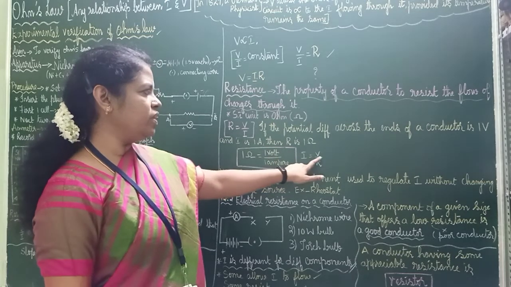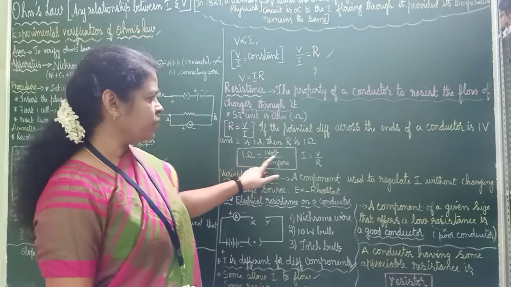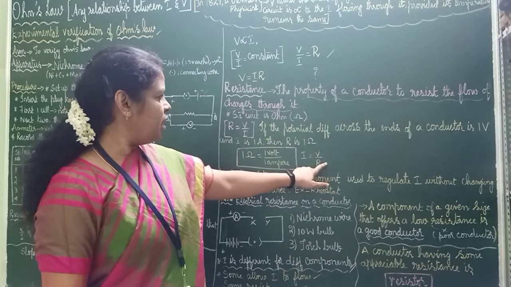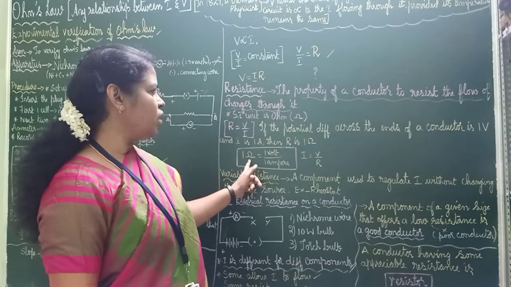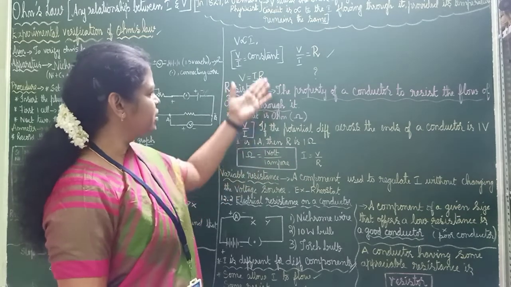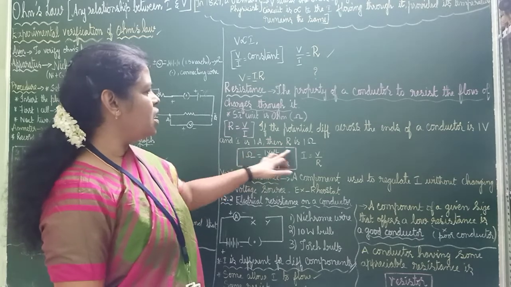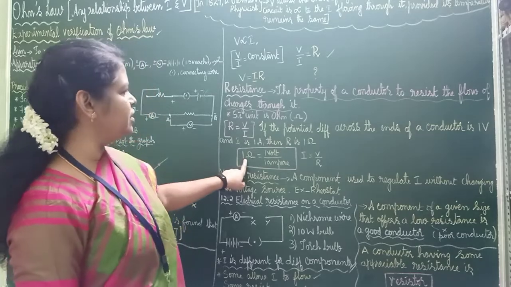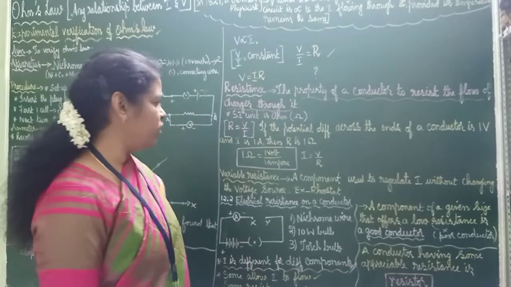I is equal to V by R. SI unit of I is ampere, SI unit of V is volt, SI unit of R is ohm. Correct? So I is equal to V by R, or R is equal to V by I, we can write in the same way.